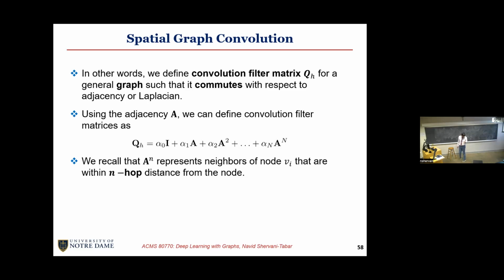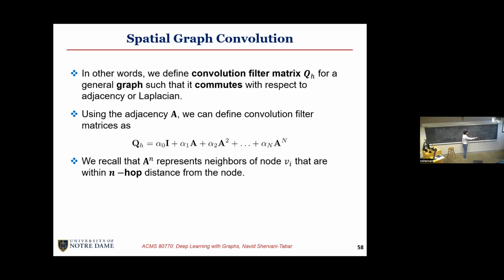So when I have a 2-hop neighborhood and I'm multiplying that by alpha 2, I'm regulating how much my nodes in radius 2, the ones at a distance of 2 hops, are affecting my output results.